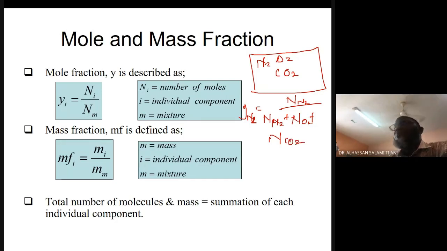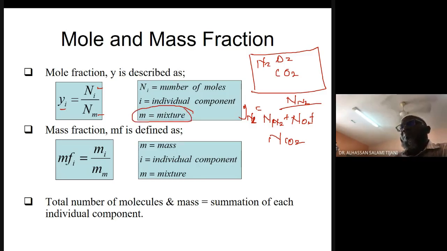So that is how we determine the mole fraction. Over here, Y is the mole fraction, and i denotes the specific number of moles of a specific substance like carbon dioxide or nitrogen. And N_m represents the total mixture, the number of moles of the mixture.